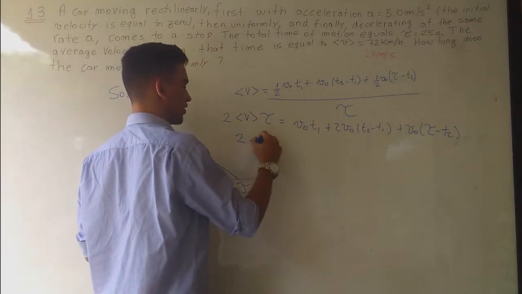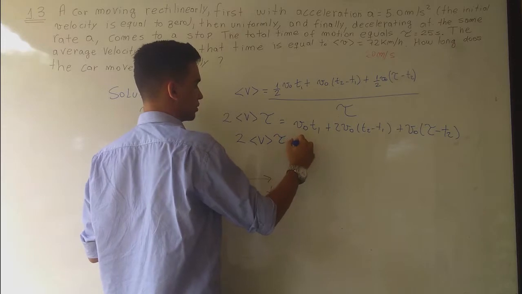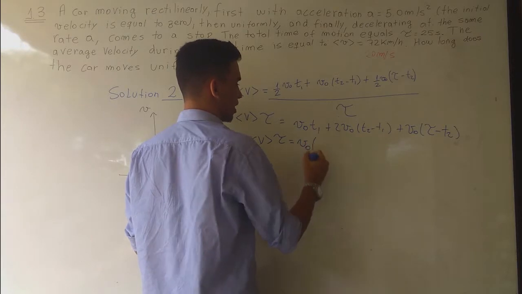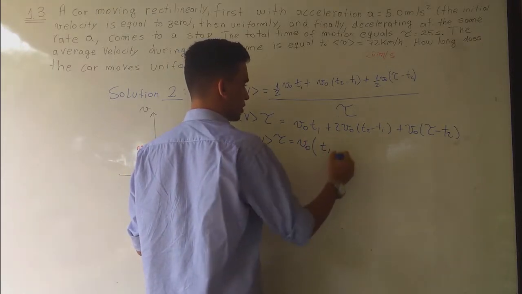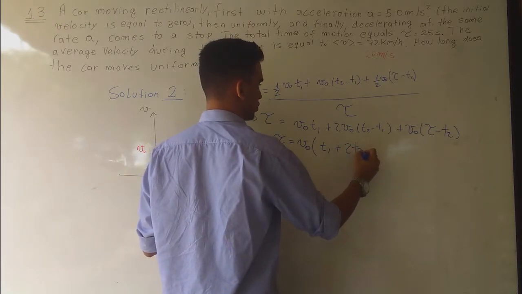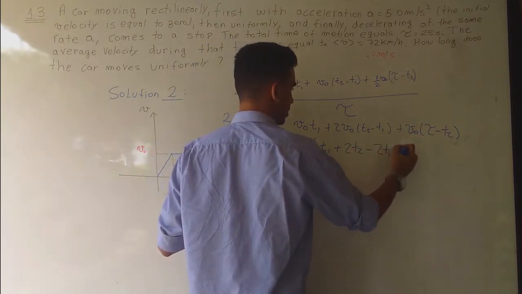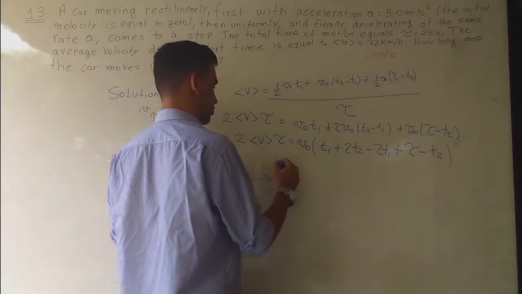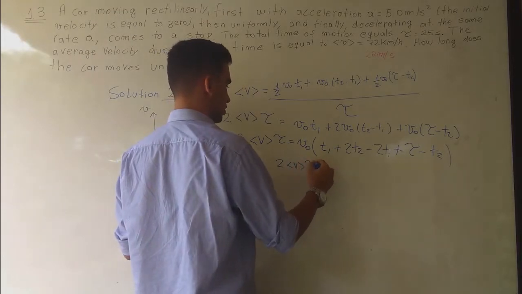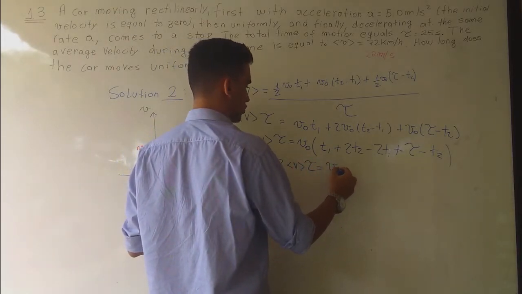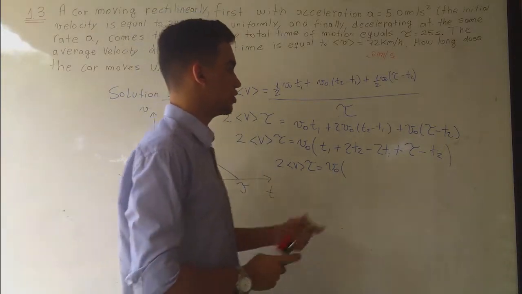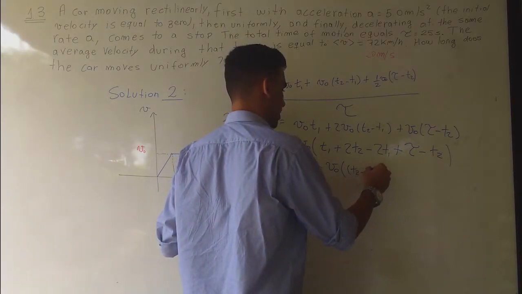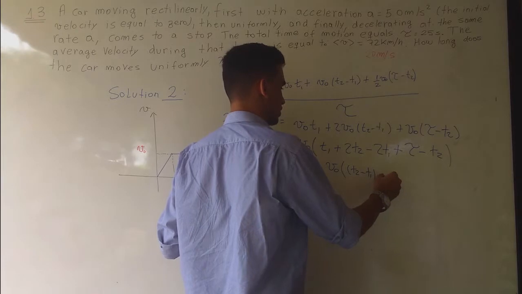So 2 average velocity tau is equal to V0 in common, that multiplies T1 plus 2T2 minus 2T1 plus tau minus T2. So 2 average velocity tau is equal to V0 that multiplies, here we have T2 minus T1, T2 minus T1 plus tau.